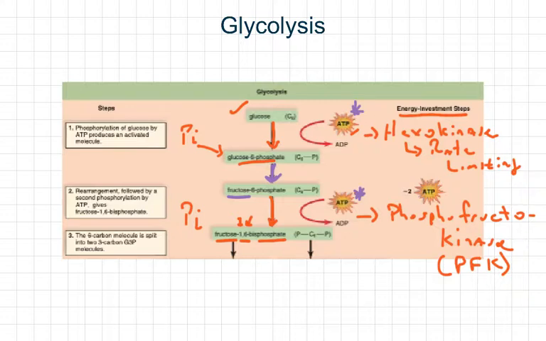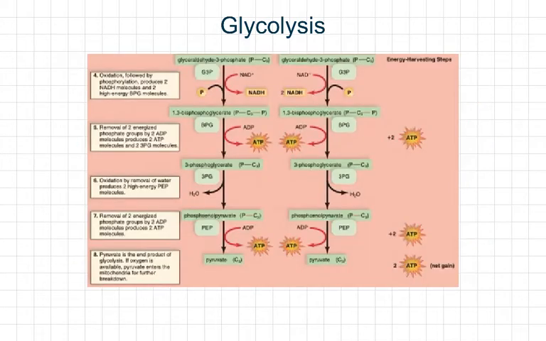And so the energy investment phase ends with the splitting of the fructose 1,6-bisphosphate by the enzyme called ATPase. And so what we're doing is the ATPase is splitting the fructose 1,6-bisphosphate into 2 separate 3-carbon atoms.